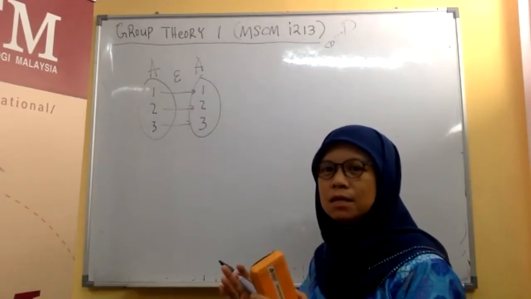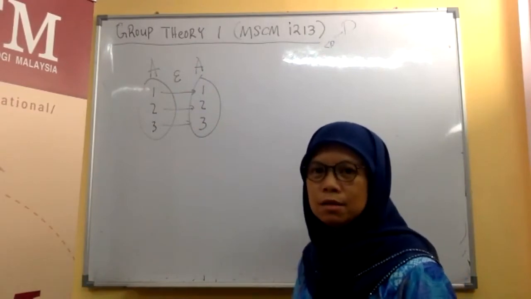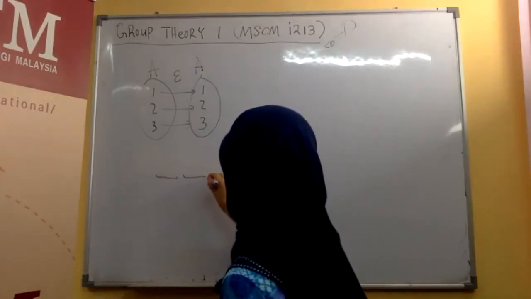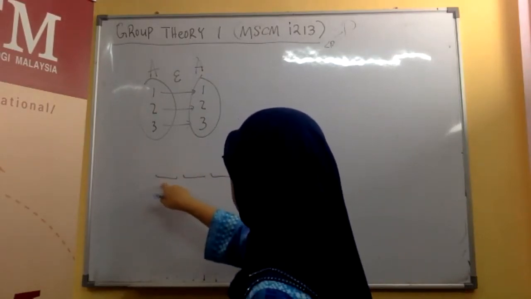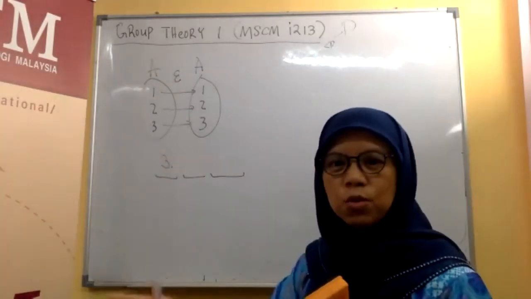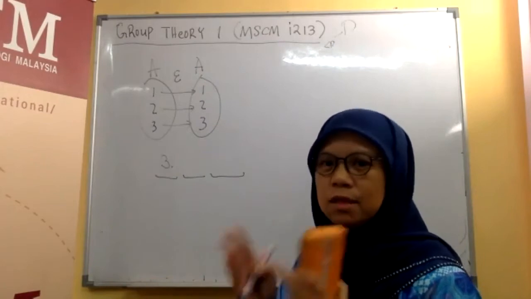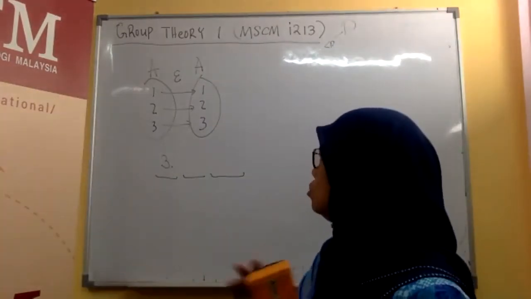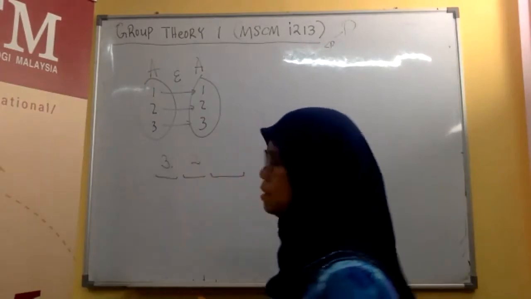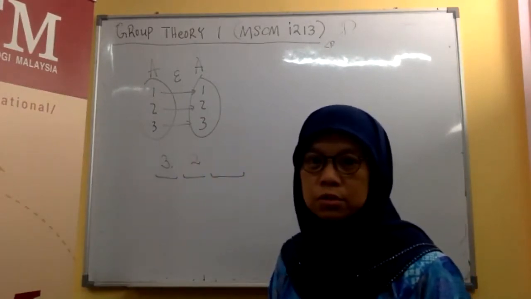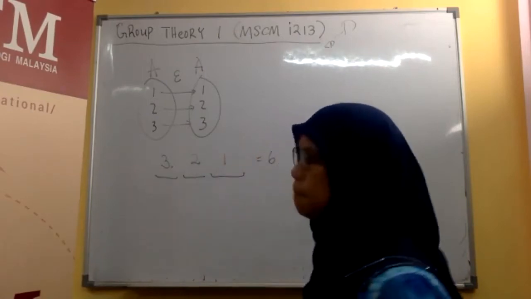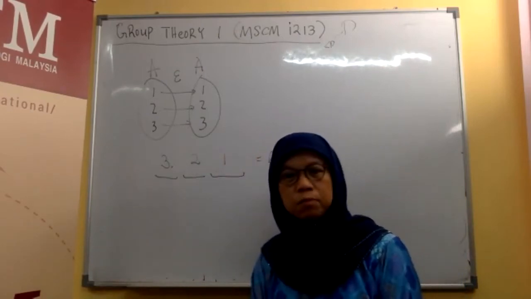How many permutations can you have? Because there are 3 of them, for the first one we can have 3 choices: 1 to 1, 2 to 2, 3 to 3. After that there will be 2 choices, and after that there will be 1, so there will be 6 permutations.